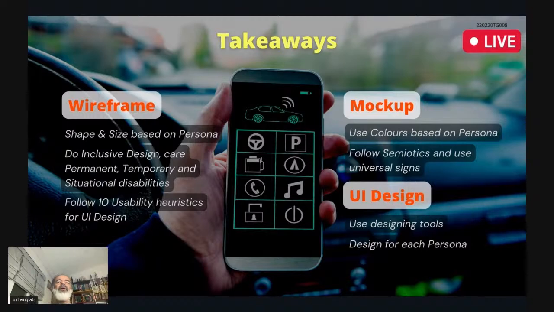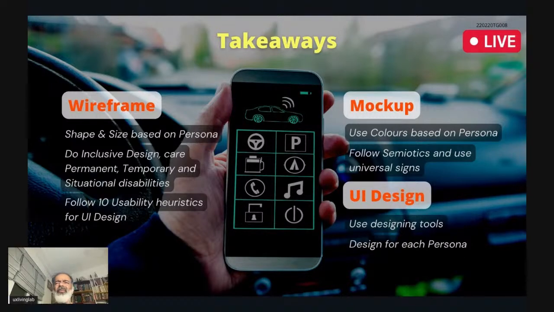Use the universal language of signs. Then position also in a universal way, because what should be positioned on the left side, what should be positioned on the right side, everything you have to consider in semiotics.